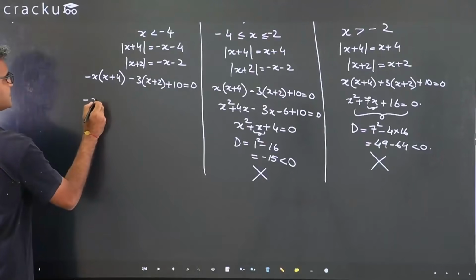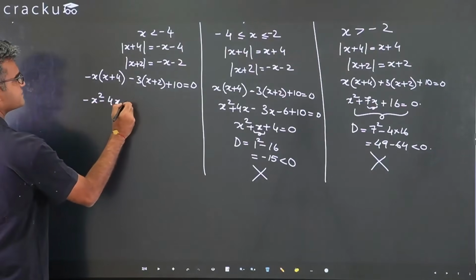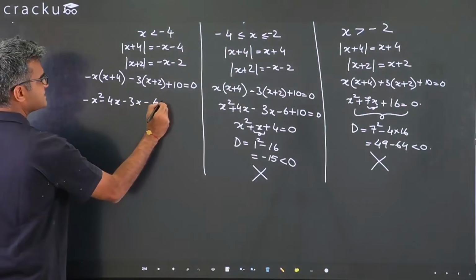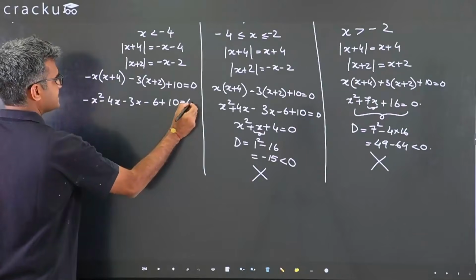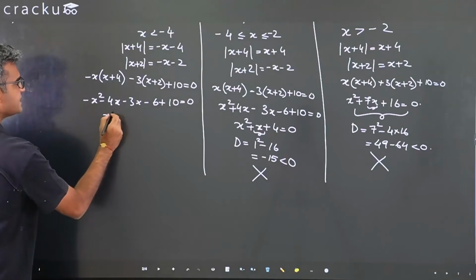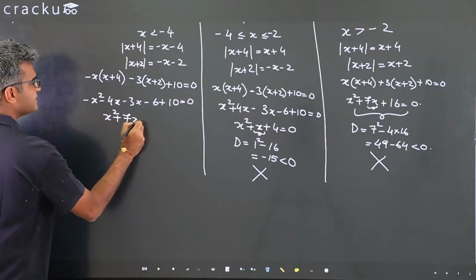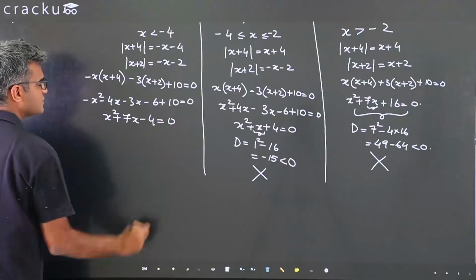This is minus x square minus 4x minus 3x minus 6 plus 10 is equal to 0. This is x square plus 7x minus 4 is equal to 0.